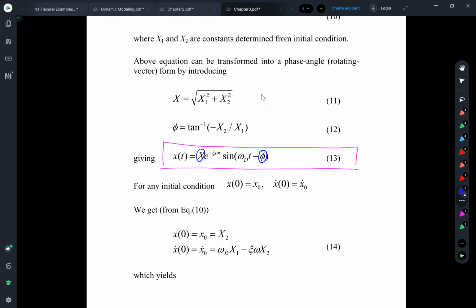When we're talking about the initial conditions, we look at the system without any external force. So the first question that comes to our mind is, how does the building move if there is no force acting on it?